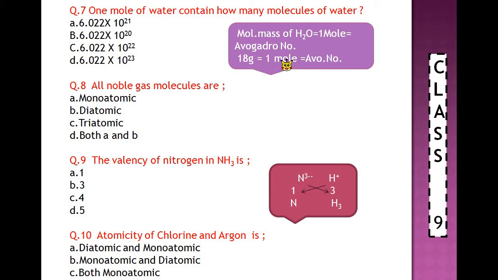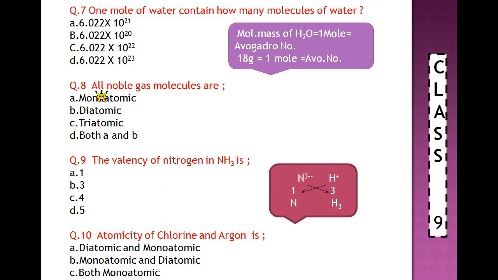It means 1 mole और 18 grams of water में कितने number of molecules होते हैं? So Avogadro का number कितना होता है? 6.022 into 10 to the power 23. So 1 mole of वाटर में 6.022 into 10 to the power 23 molecules होते हैं. So this will be the answer. So D option is correct.